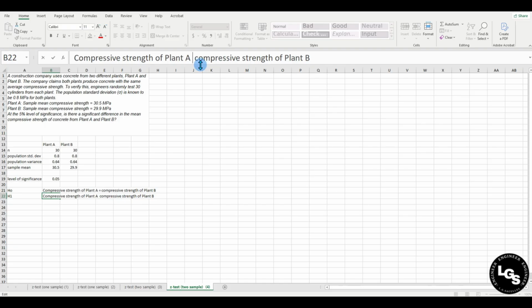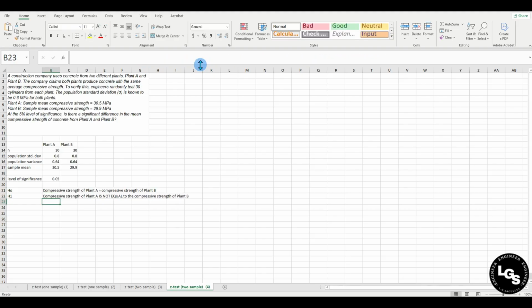So we can simply use the non-directional alternative: the compressive strength of plant A is not equal to the compressive strength of plant B. Because this is a non-directional alternative, this is a two-tailed test.